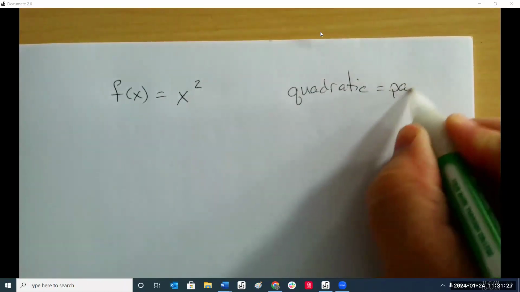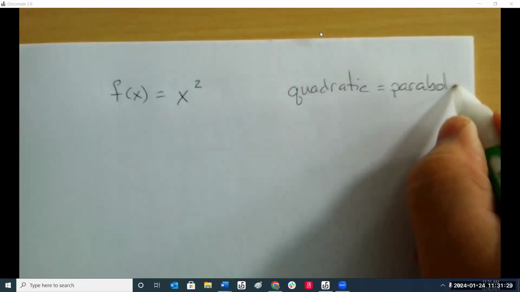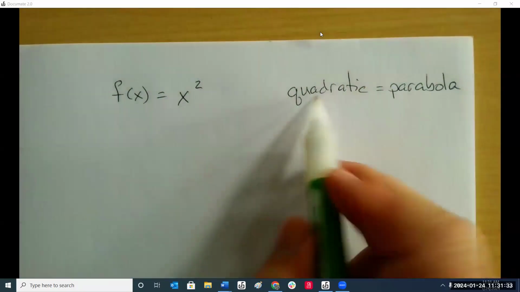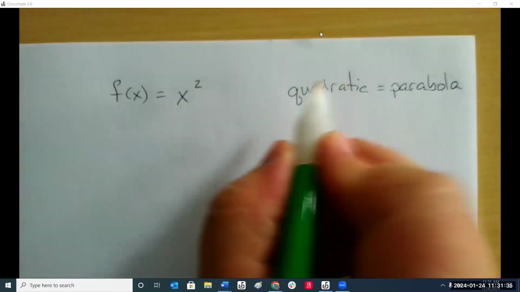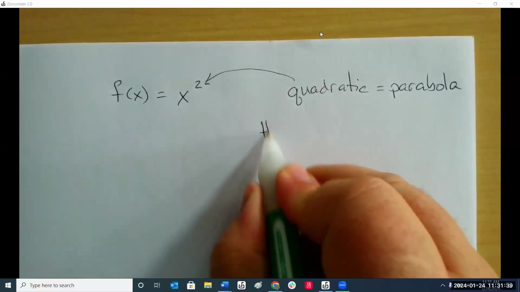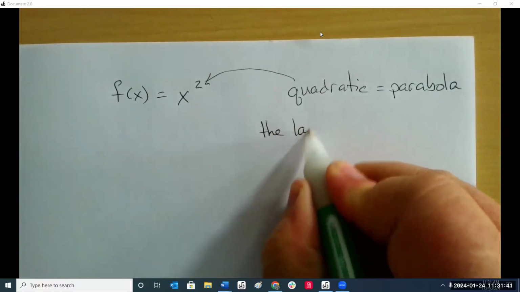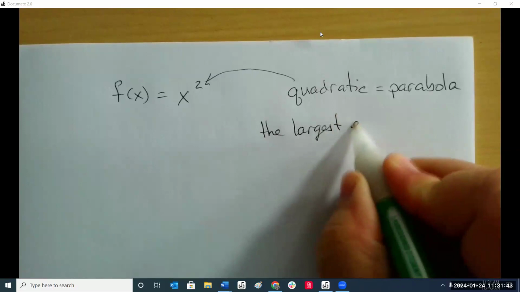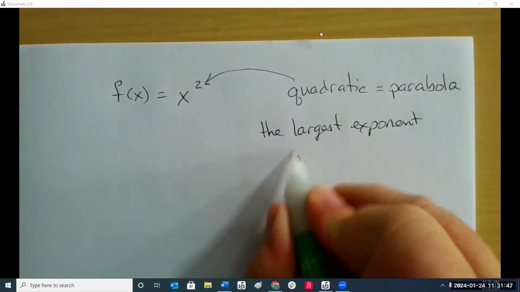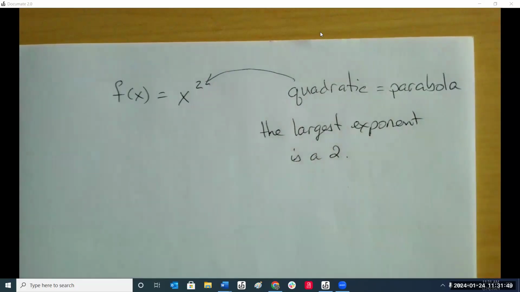It's a parabola. That's the graph. It's called quadratic because the largest exponent is a 2.